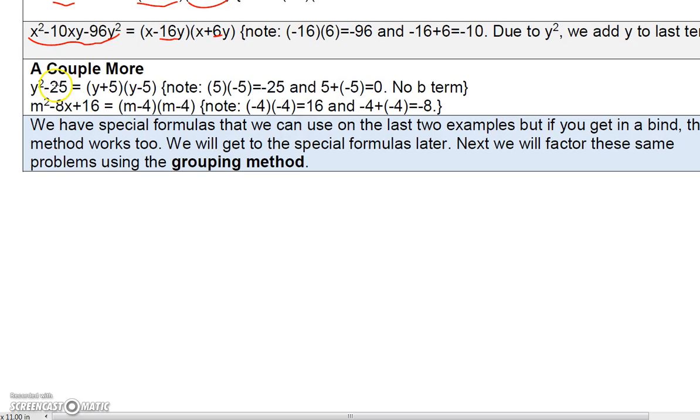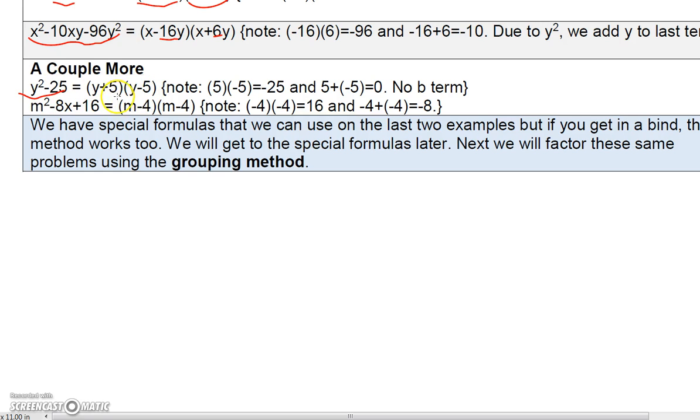And so here's a couple more. On this one, y squared minus 25, that actually would factor into y plus 5 and y minus 5, because 5 and negative 5 would multiply together to give negative 25, and then 5 plus negative 5 yields 0. Notice there's no middle term here, so the coefficient of the middle term would be 0.